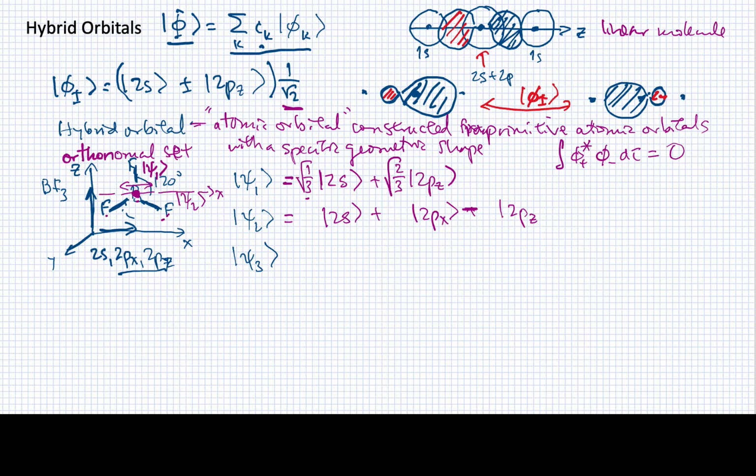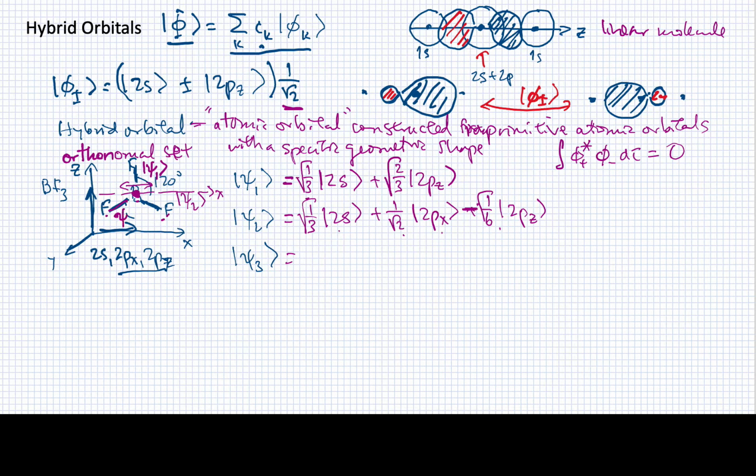Now, when I work out the geometry and work this out right, and you can do this basically for any geometry, it turns out that the appropriate combination of these terms is square root of 1 over 3 times 2s, square root of 1 over 2 of 2px, and negative square root of 1 over 6 2pz. Finally, for the third one, I'm talking about this bond over here.